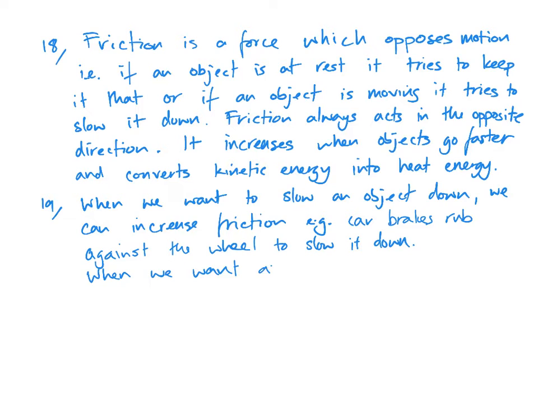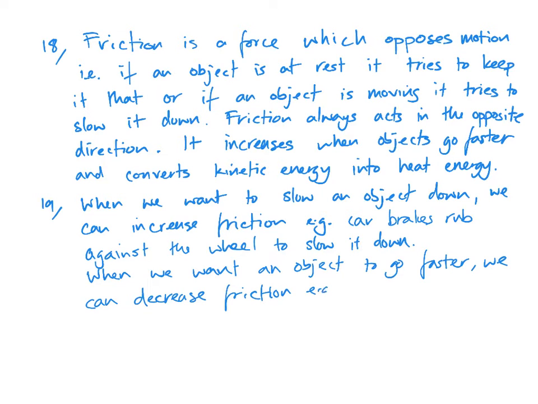When we want an object to go faster, we can decrease friction if possible. And deliberately, if we think of a car example again, because I want to emphasize that if you're given an example, you can't just say a car, because there are aspects of a car where you want to increase friction and aspects of a car where you want to reduce friction.